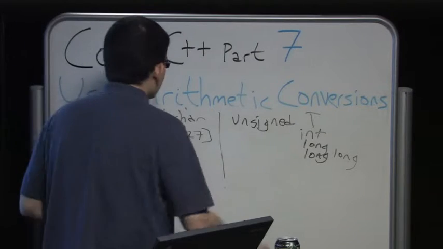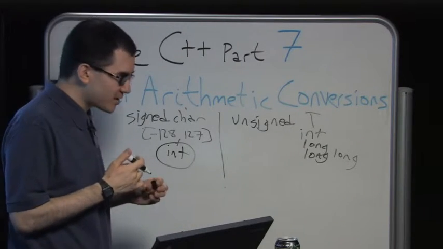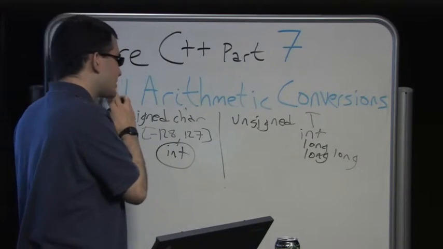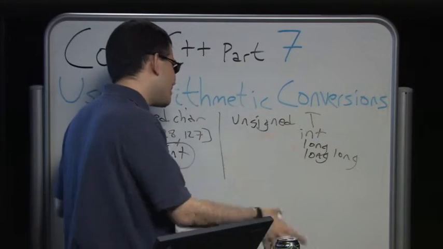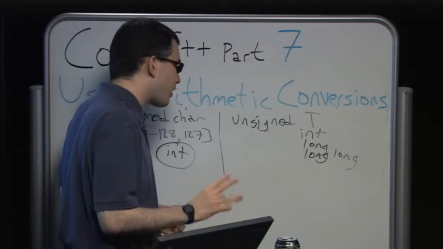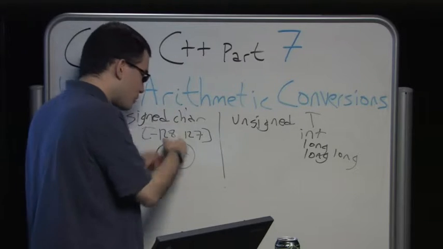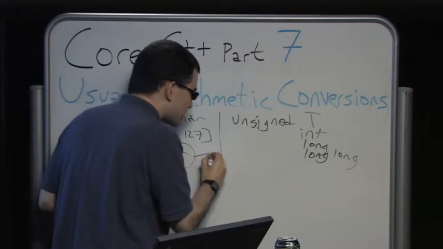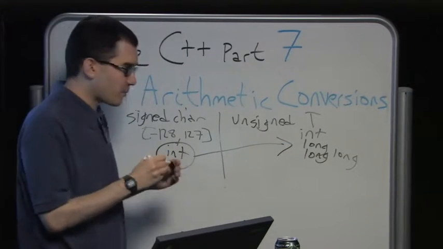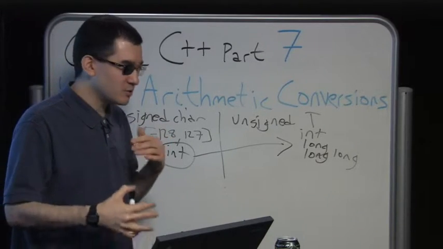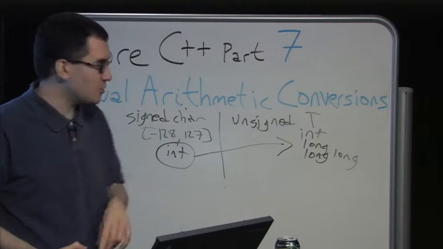So it's saying in this case, and this goes all the way back to C, if the programmer is starting with a signed char on the left, and they've got an unsigned int, unsigned long, or unsigned long long on the right, then I'm going to promote to int, then convert this to the type of the other operand, and then actually do the comparison. So what does this do?